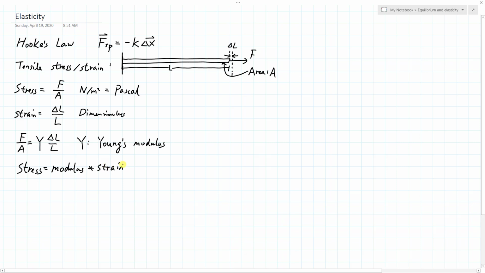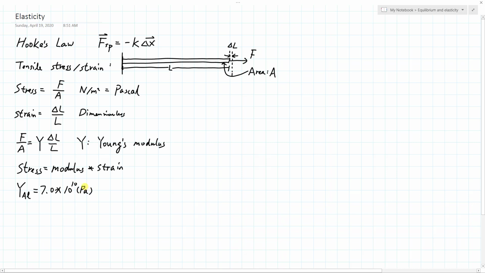Just to give you an idea how large this Young's modulus is, Young's modulus for aluminum, for example, is fairly large. This value is 7.0 times 10 to the 10th power. It has the same unit as the stress because strain is dimensionless. So this is Pascal.